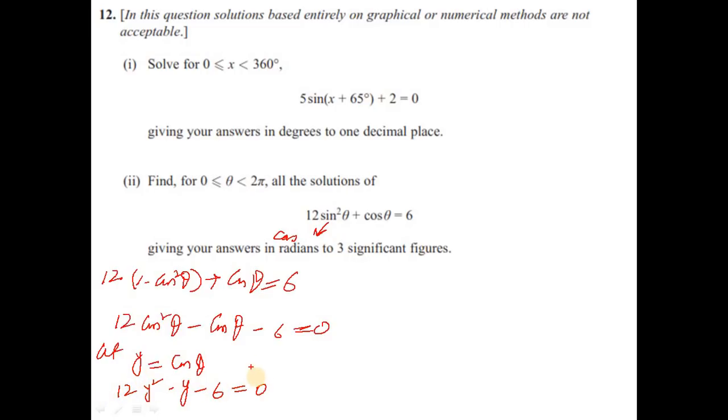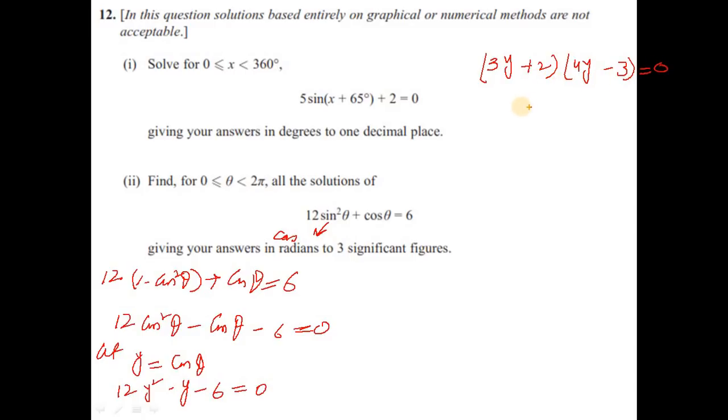You can factorize this. Once you factorize 12y square minus y minus 6 equal to 0, you have (3y plus 2) and (4y minus 3) equal to 0.